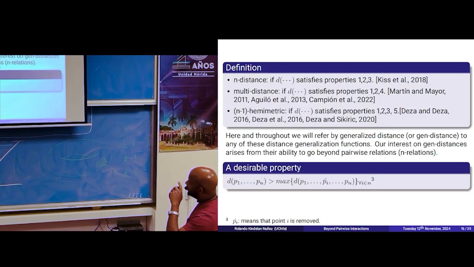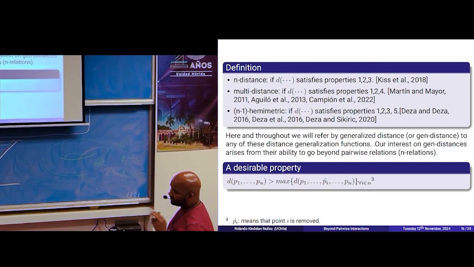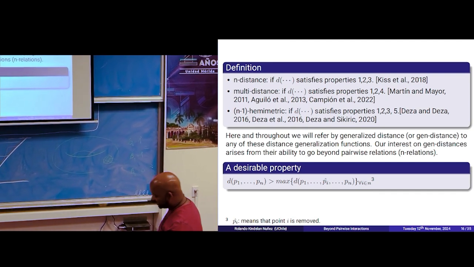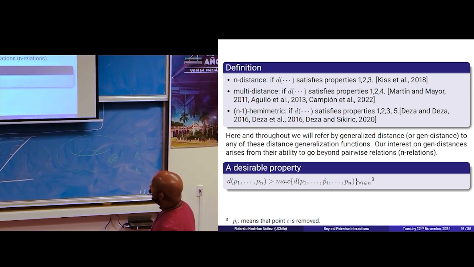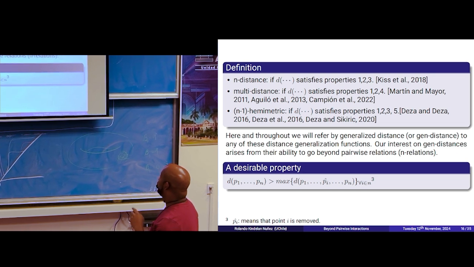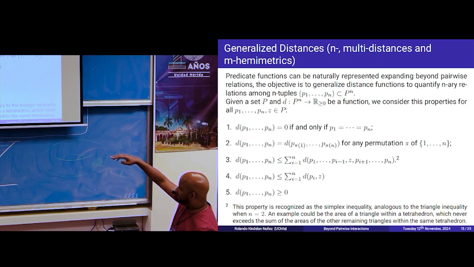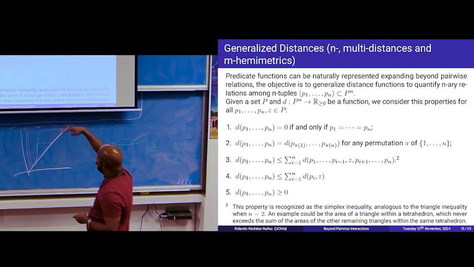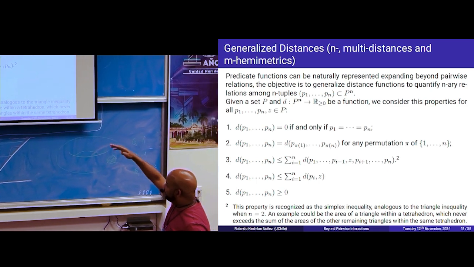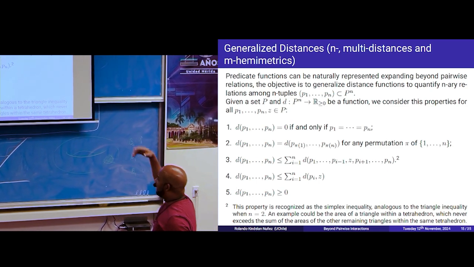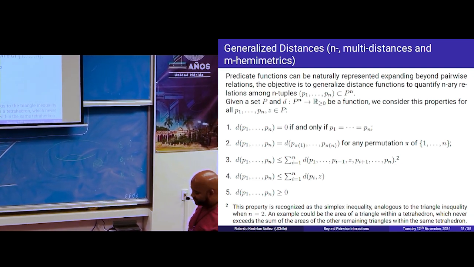So the n-distances satisfy the first properties, and the multi-distance satisfies properties 1, 2, and 4, and the metric satisfies 1, 2, 3, and 4. So we can go back again, and then the first three properties correspond to n-metrics. Then 1, 2, and 4 correspond to multi-distance, and then 1, 2, 3, and 5 correspond to metric.